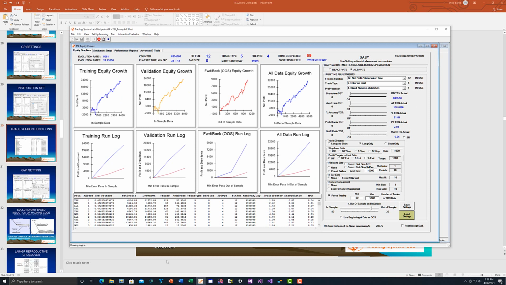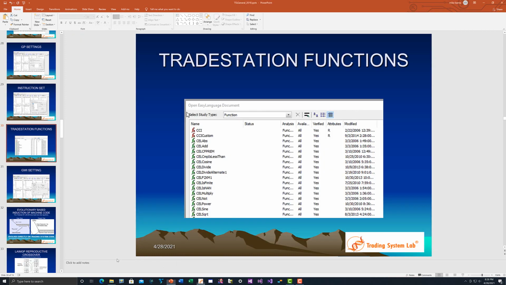So we need to program around that, and we did that by creating a group of functions. If you notice here, I've got a CEL divide function and a divide alternate 1. Dividing by 0 is the issue, and these functions allow divide by 0. But there's an alternate way that may come up occasionally in the division aspect.